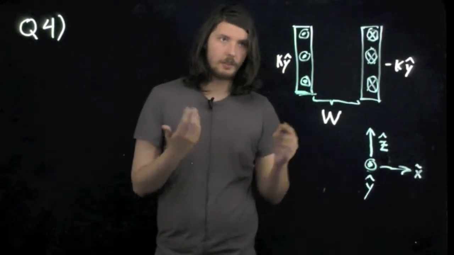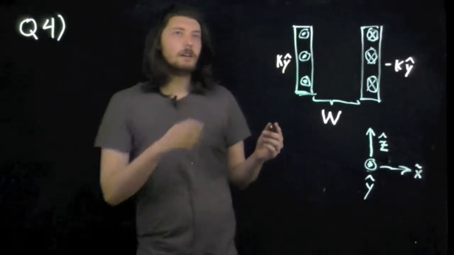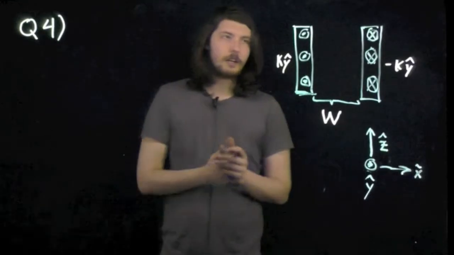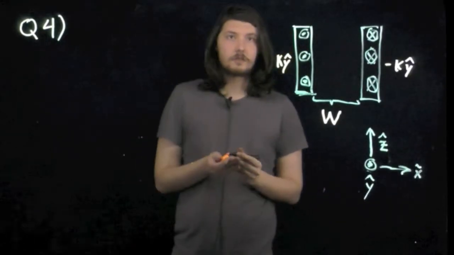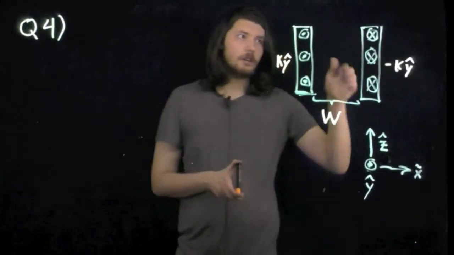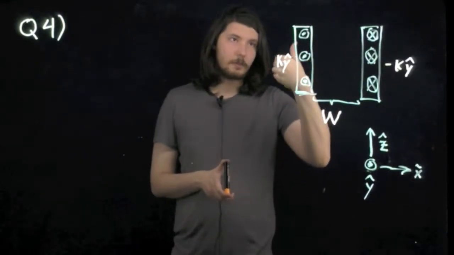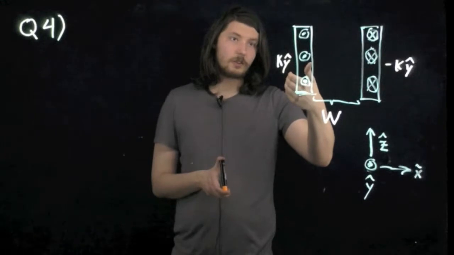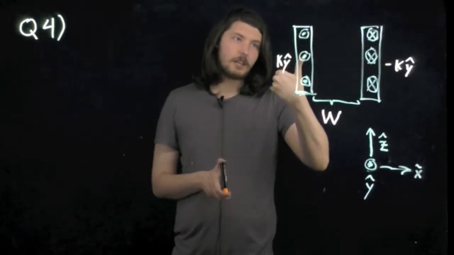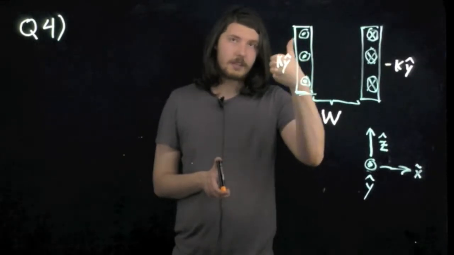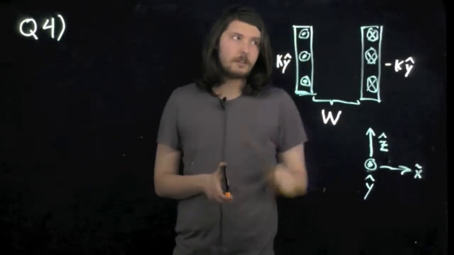Actually, not the magnetic field itself, but the direction of the magnetic field first. So how do we do that? Well, just apply the right-hand rule. Let's look at the contribution from this plate. The surface current is going out of the page, and so this implies a B field in the positive z hat direction.